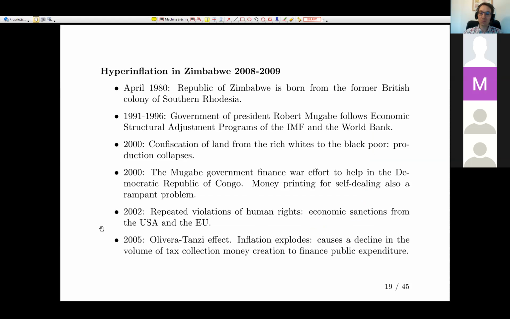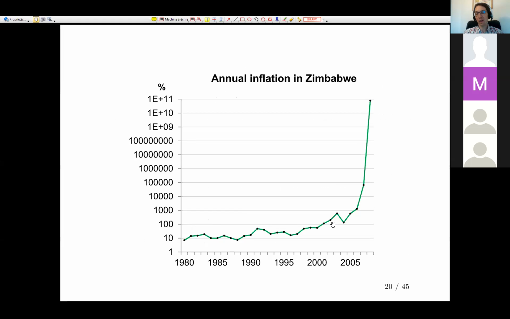Things were going okay. But at some point, people realize, oh, maybe I'm making a mistake by keeping Zimbabwean dollars. Maybe I should get rid of them or at least raise my prices, because I think the value is going to go down real quickly. So this started to happen here.